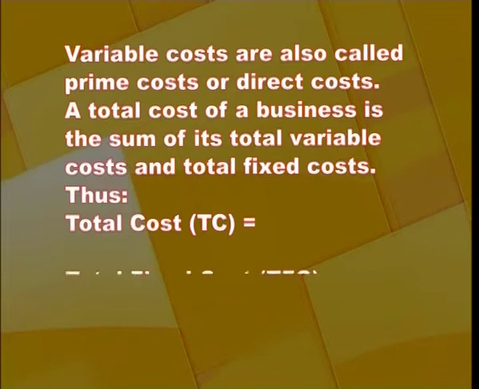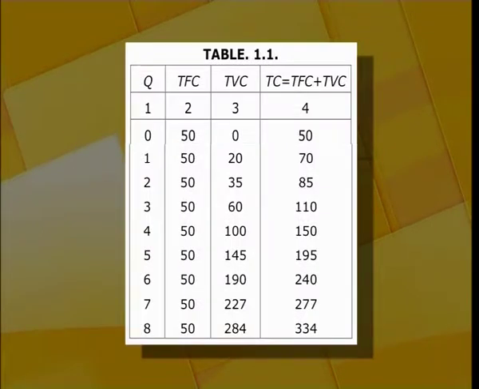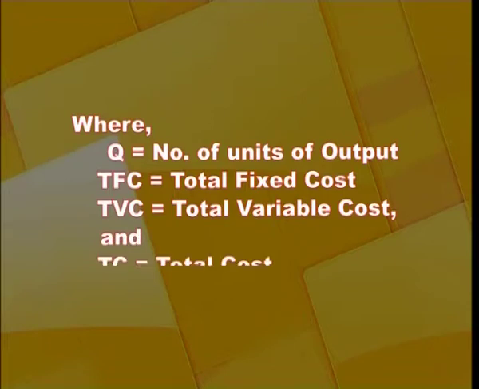Thus, total cost TC is equal to total fixed cost TFC plus total variable cost TVC, where Q is the number of units of output, TFC is total fixed cost, TVC is total variable cost, and TC is the total cost.